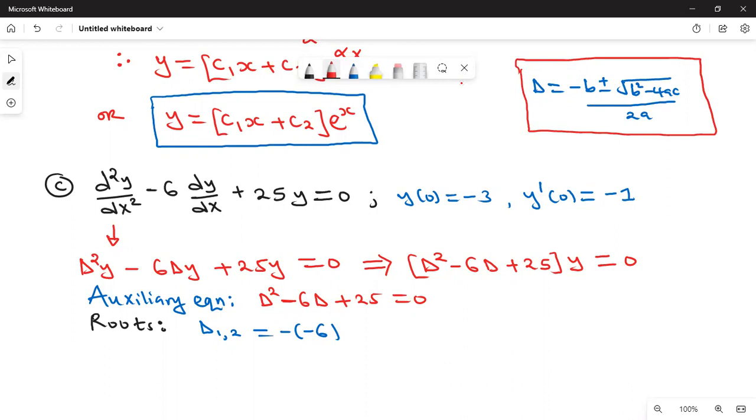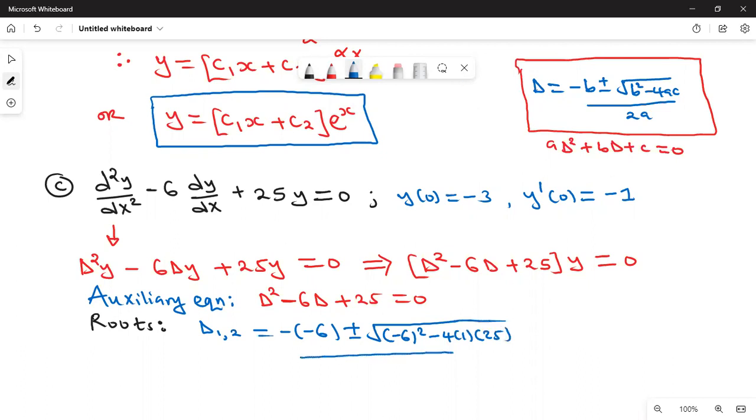What we are solving is ad squared plus bd plus c is equal to 0. So to solve it, that's how you need to get your roots. So negative of negative b, come back here, then plus or minus the square root of negative 6 squared minus 4 times a is 1, our c is 25, everything over 2 times a, 2 times 1.